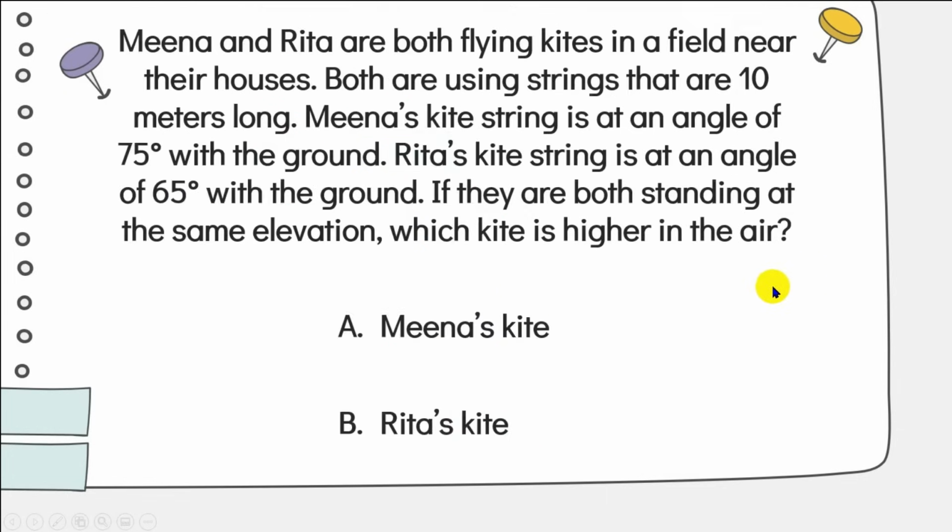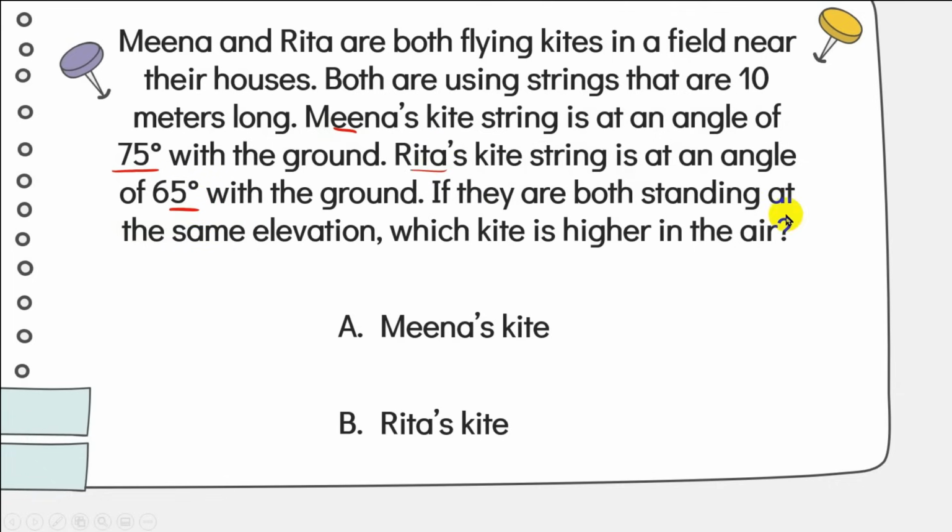Okay, another one. Mina and Rita are both flying kites in a field near their houses. Both are using strings that are 10 meters long. Mina's kite string is at an angle of 75 degrees with the ground. Again, yung kay Mina ay 75 degrees with the ground, while Rita's kite string is at an angle of 65 degrees with the ground. So, 65 lang yung kay Rita.